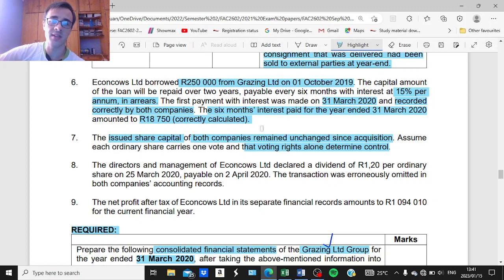However, you can confirm the correctness of this amount by taking the balance of the loan on the 1st of October 2019, which was 250,000. We will multiply this by 15%, which is the interest rate, and then we calculate interest for 6 months. You will arrive at 18,750. So the amount itself was correctly calculated and recorded by both companies.